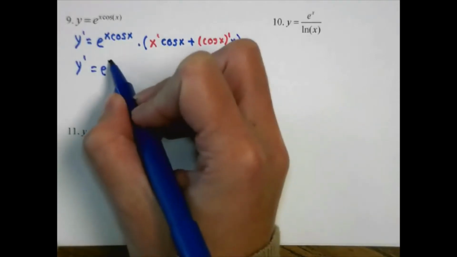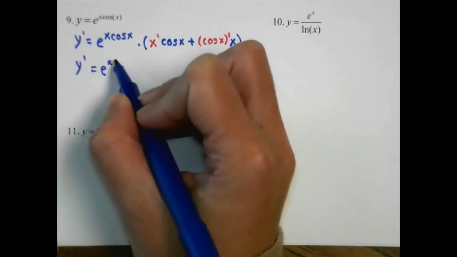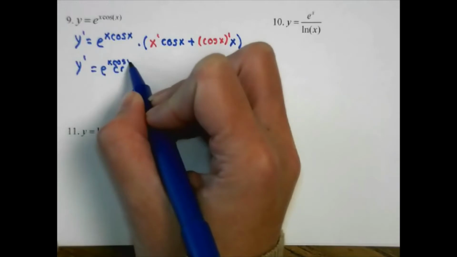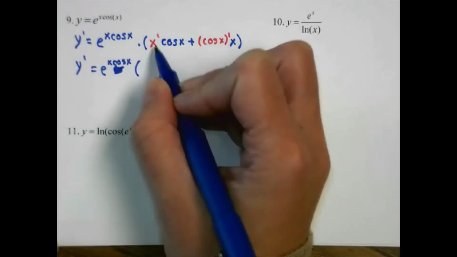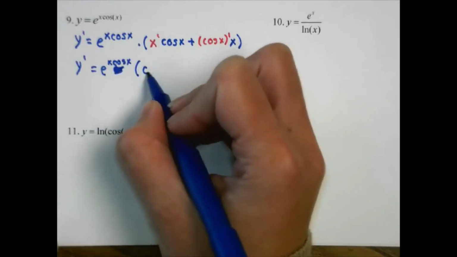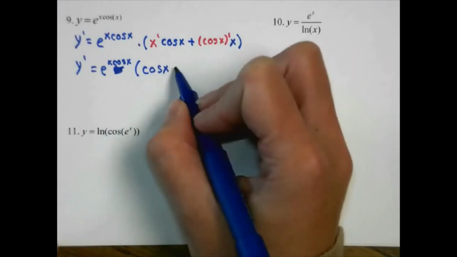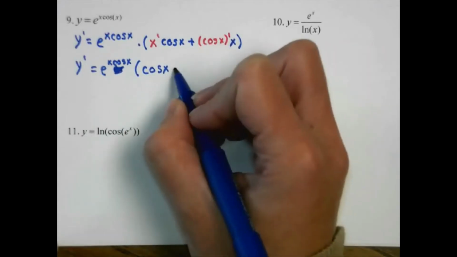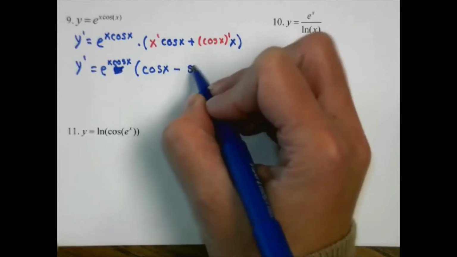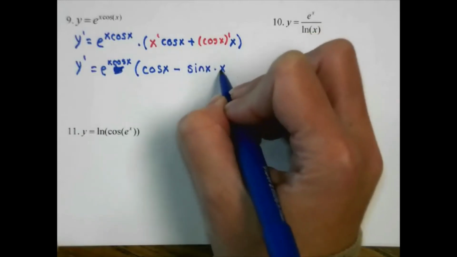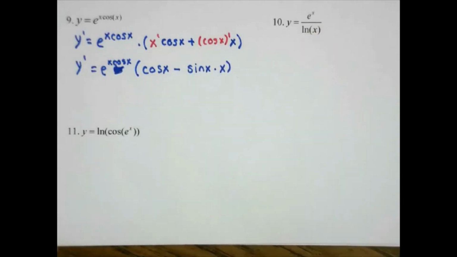So this is going to be e to the x cosine x times, derivative of x is 1, so we're going to have cosine of x. Derivative of cosine is a negative sine of x times x, and you could always move that out front.